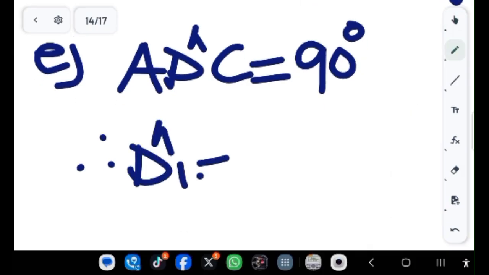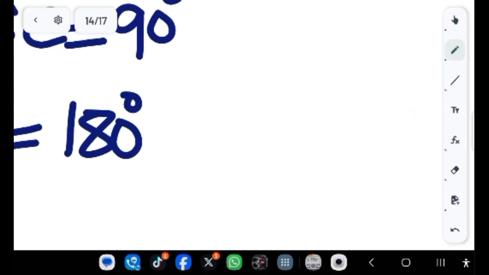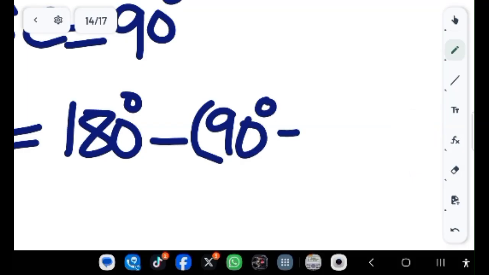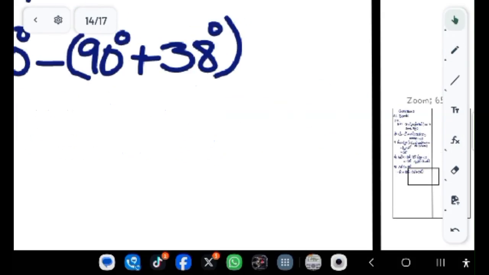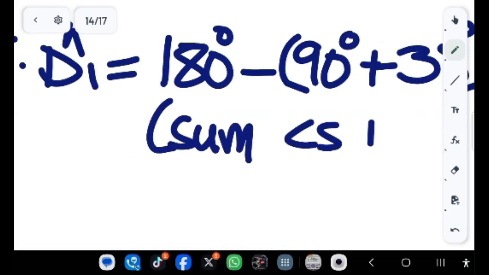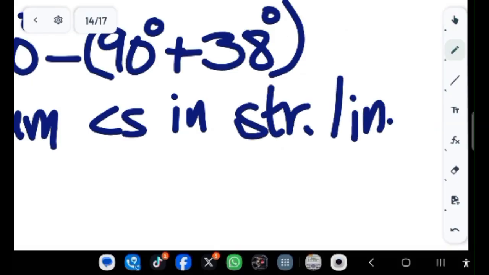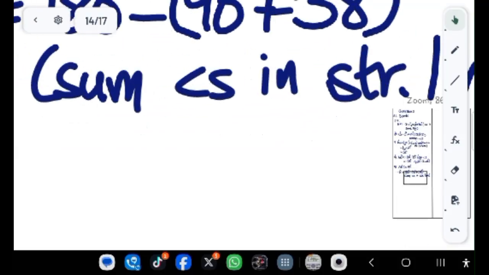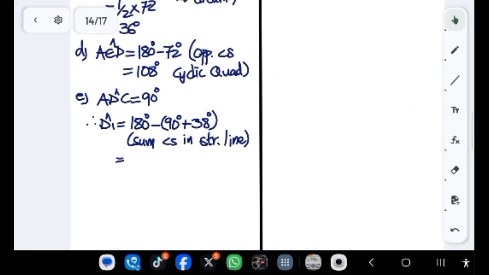Angle D1 will be equal to 180 minus 90 degrees plus 38, and that is sum of angles in a straight line. Let's double check.